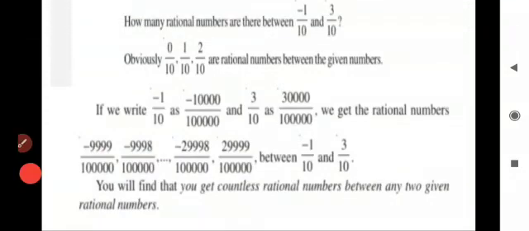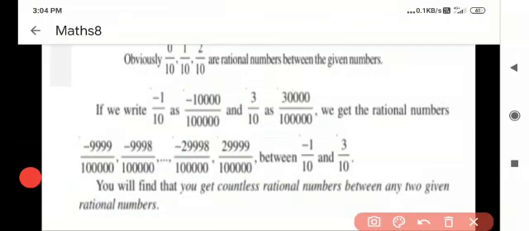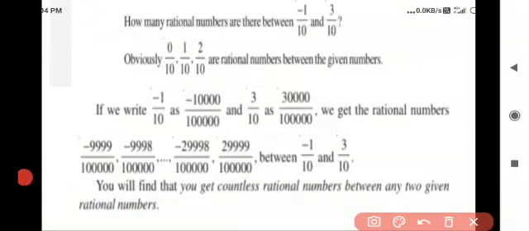How many rational numbers are there between minus 1 by 10 and 3 by 10? Obviously 0 by 10, 1 by 10, 2 by 10 are rational numbers between the given numbers. If we write minus 1 by 10 as minus 10,000 divided by 1 lakh and 3 by 10 as 30,000 divided by 1 lakh, we get the rational numbers minus 9,999 divided by 1 lakh, minus 9,998 divided by 1 lakh and so on.